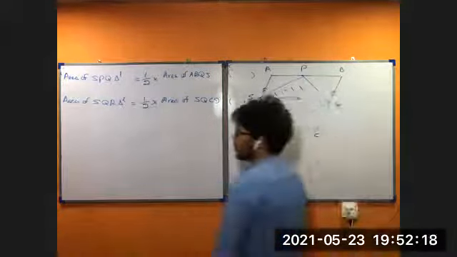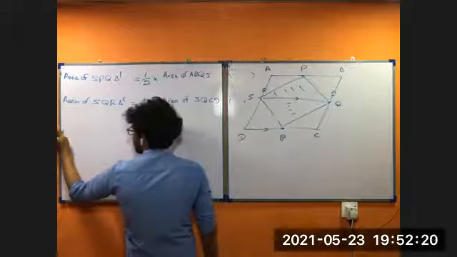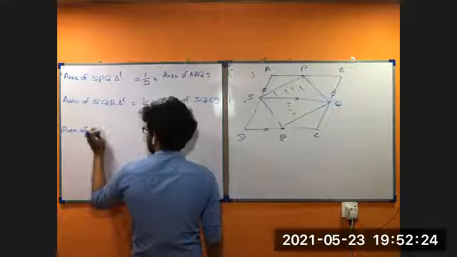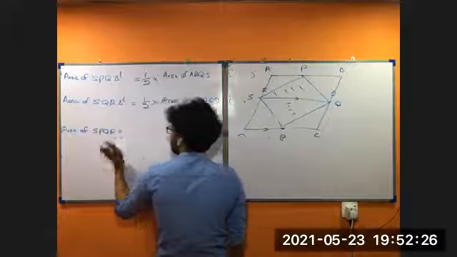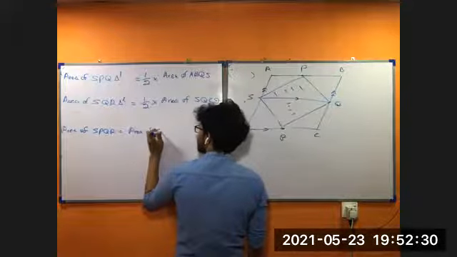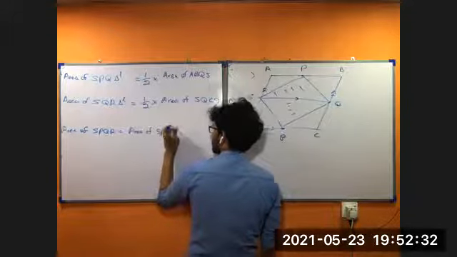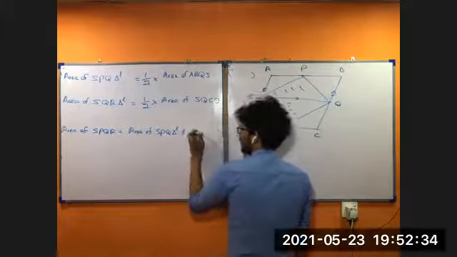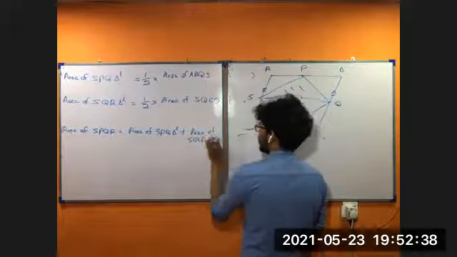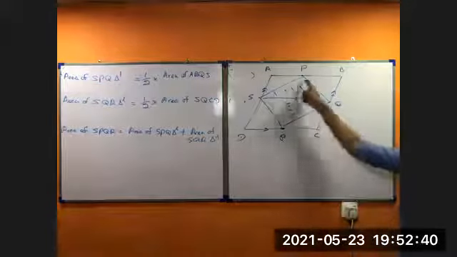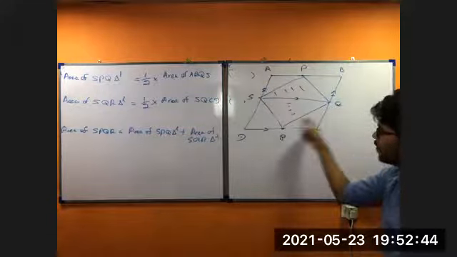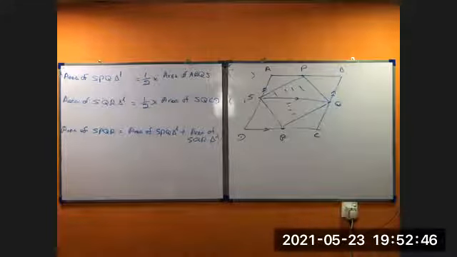So let me write: area of SPQR is equal to area of SPQ triangle plus area of SQR triangle, right? Area of this full quadrilateral is going to be area of this triangle plus area of this triangle.